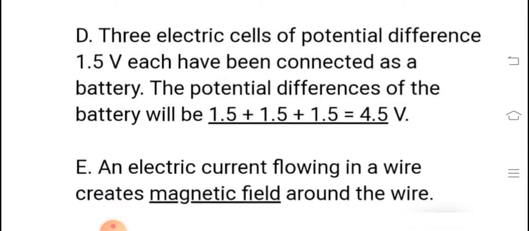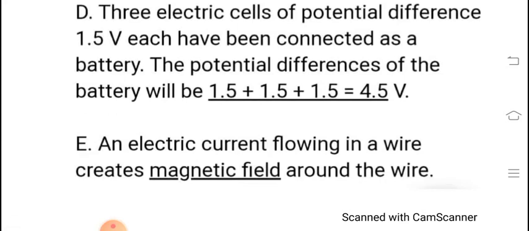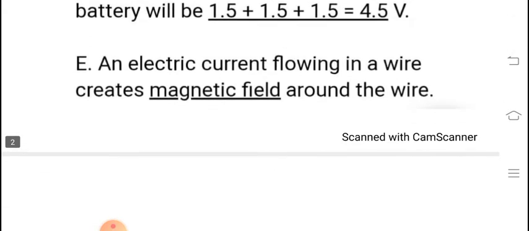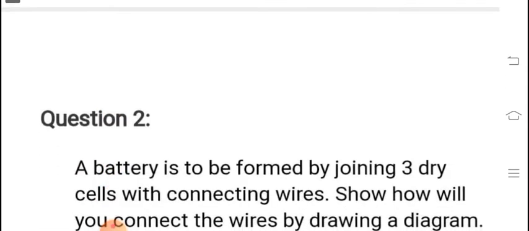D. 3 electric cells of potential difference 1.5 volt each have been connected as a battery. The potential difference of the battery will be the addition of all these 3, which is 4.5 volt. E. An electric current flowing in a wire creates a magnetic field around the wire.